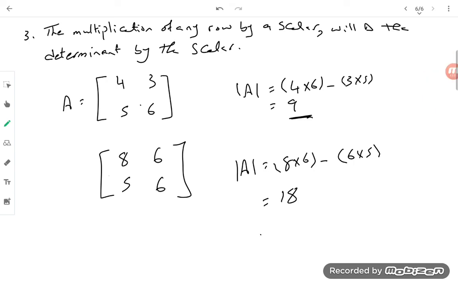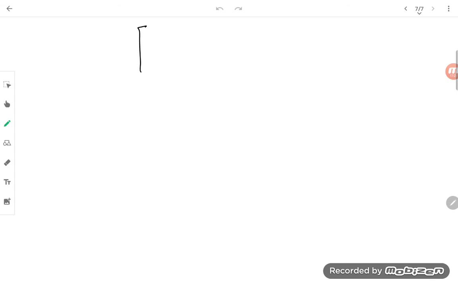So if you have the following example and you are asked to use the determinants to verify the properties of the determinants, first, you have to calculate the determinant.